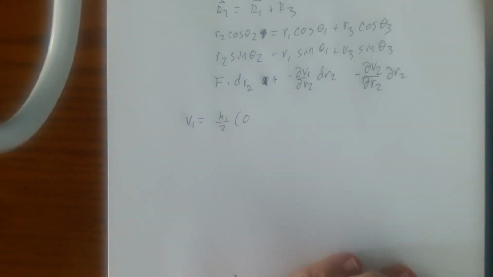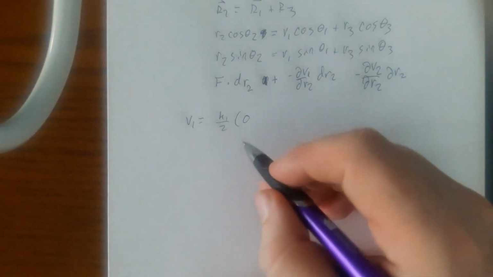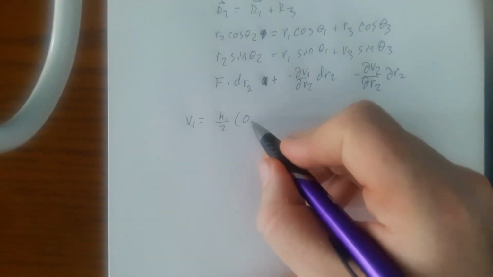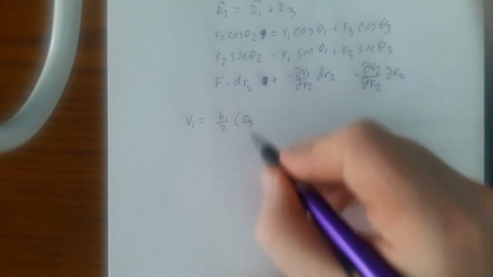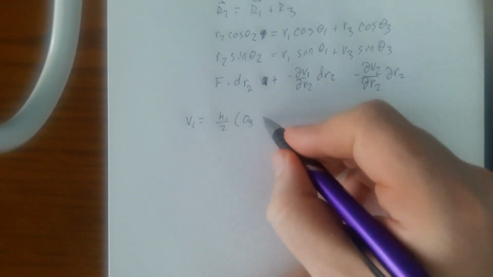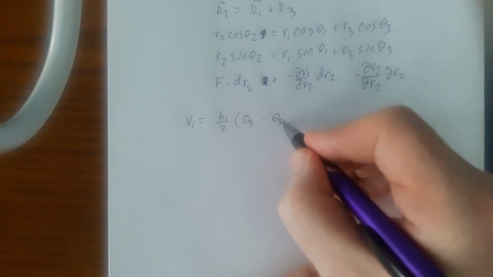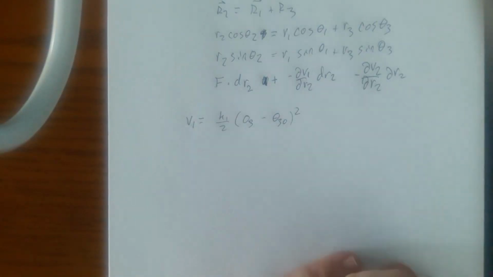Okay, and so that's going to be associated with theta 3. And so as theta 3 rotates, that spring is going to change. And so we'll call that theta 3 minus theta 3 naught, squared.